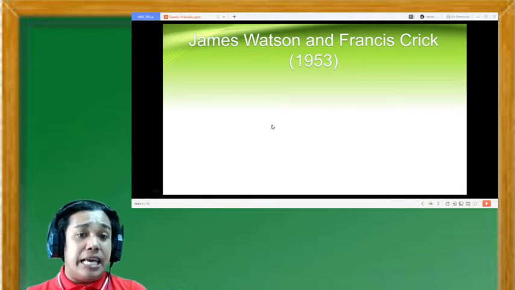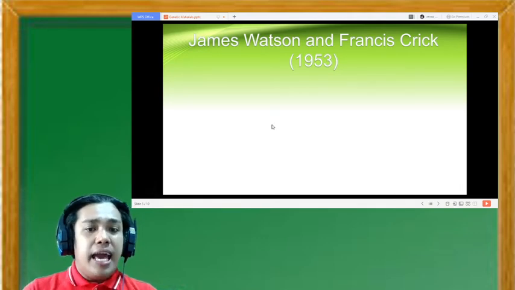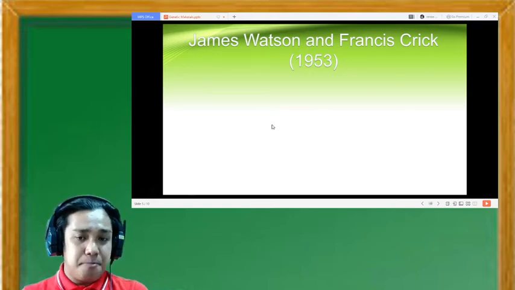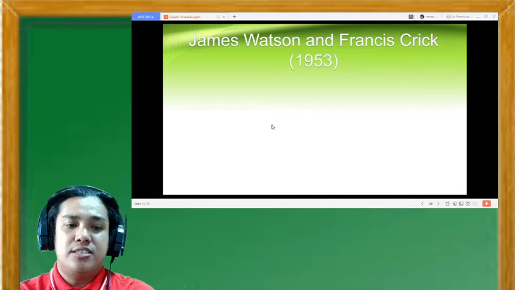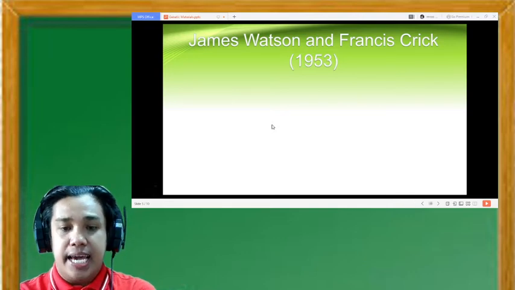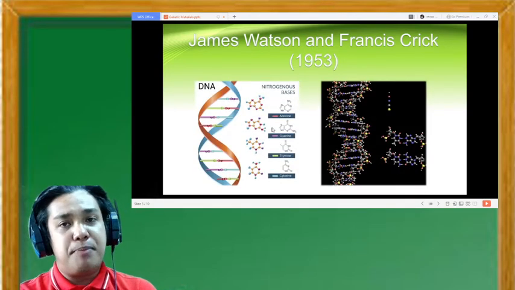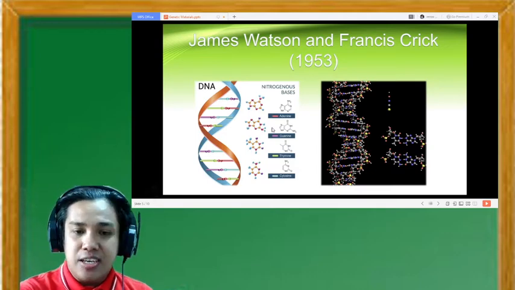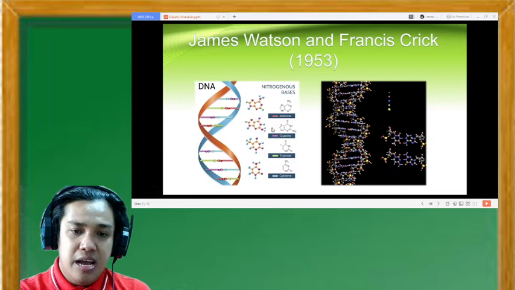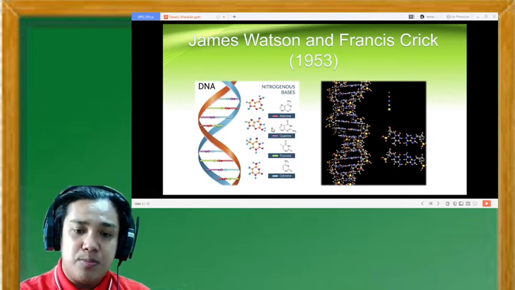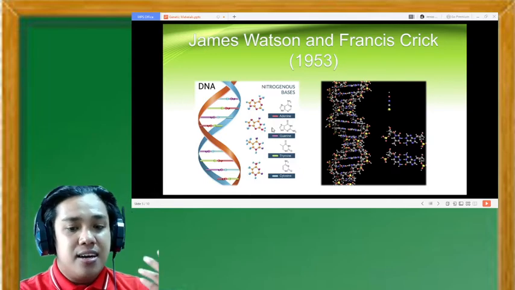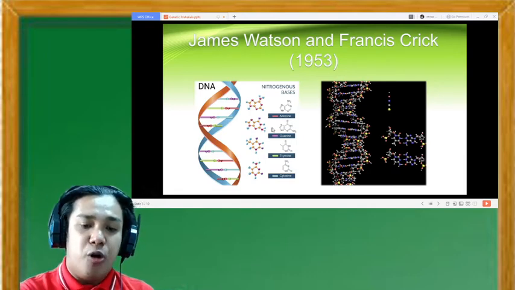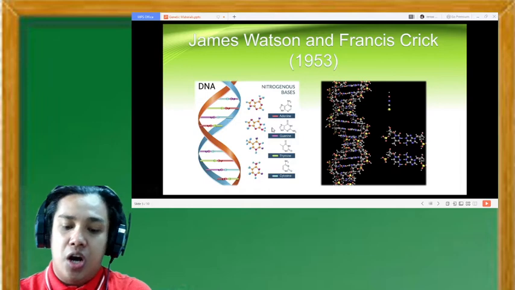The structure contains two sugar phosphate backbones, and the DNA base pairs are linked by hydrogen bonds. So this is the picture of the DNA, the double helical structure. And we have here the nitrogenous bases, adenine, guanine, thymine, and cytosine, which are shown in different colors.